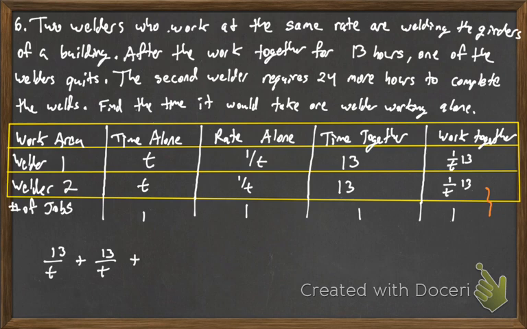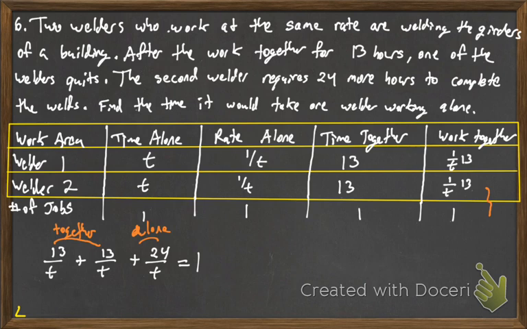Now what we got to do is add in the work done by the welder working alone, which was 24 hours. Okay, and so this is our together, and this is your alone time. So if we put that all together, that gives us the complete one job there of welding those girders.